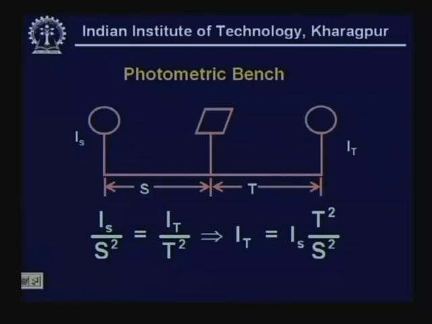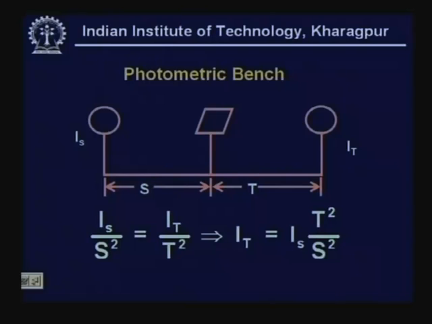Look, the brightness can be expressed using which law? The inverse square law of illumination, which says at any point x away from a source I, the illuminance is I by x squared.